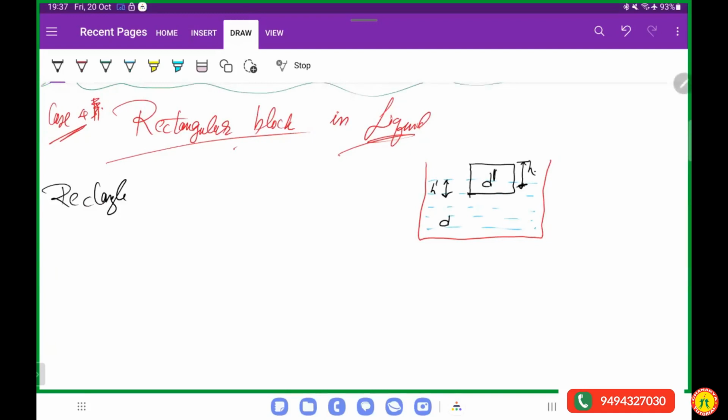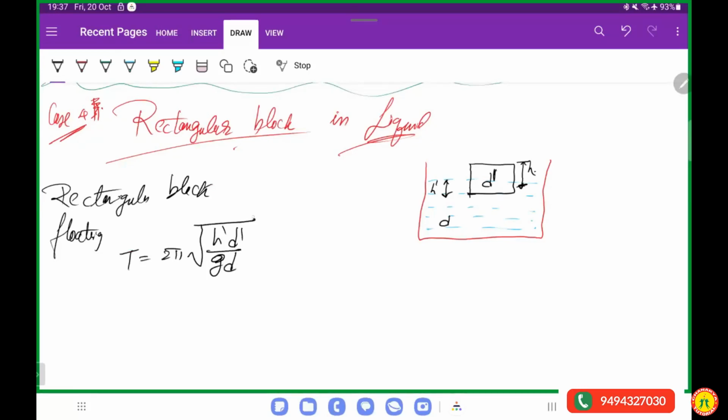So for a rectangular block floating, the time period is 2 pi root of h dash d dash by g d. So if we mention each thing: d dash, d, h.